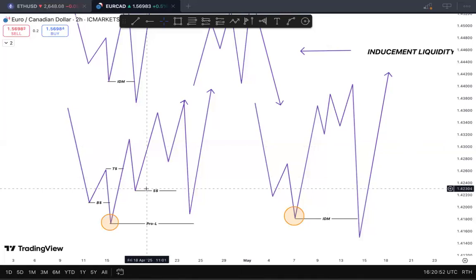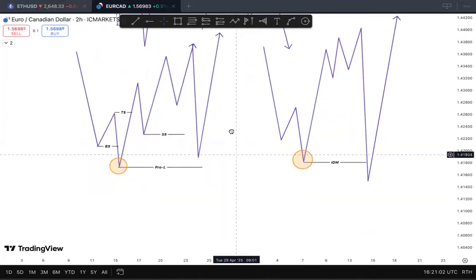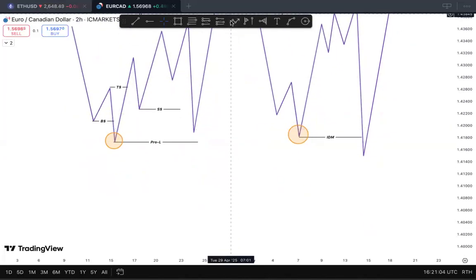If that is in place, then it is sure that that trade will definitely come to your demand or supply zone. Okay, so this is for a buy. Let's look also for a sell.